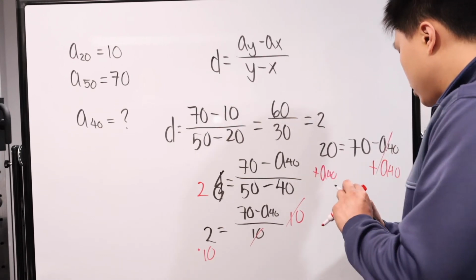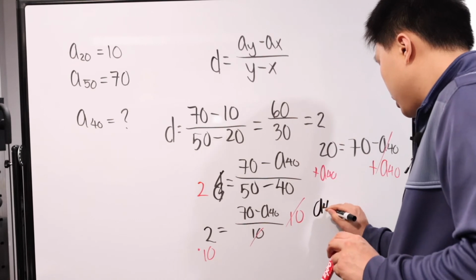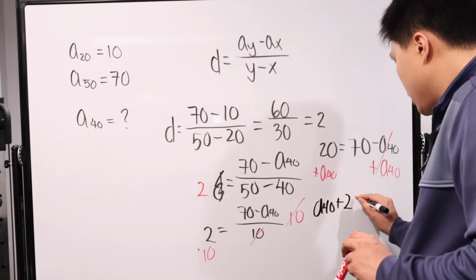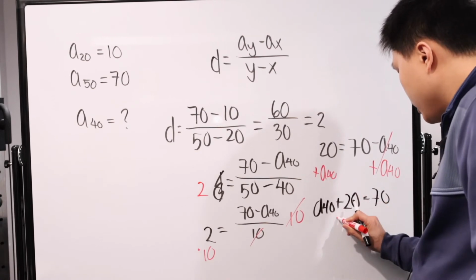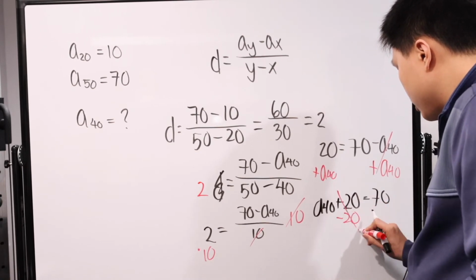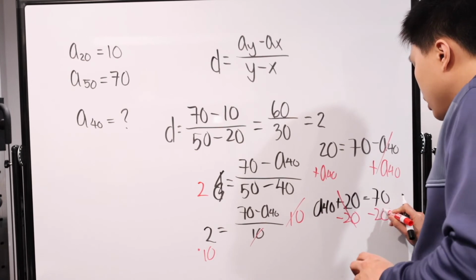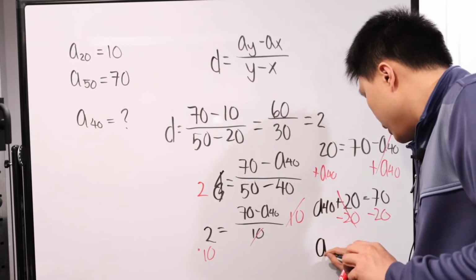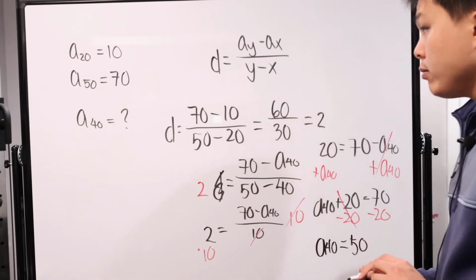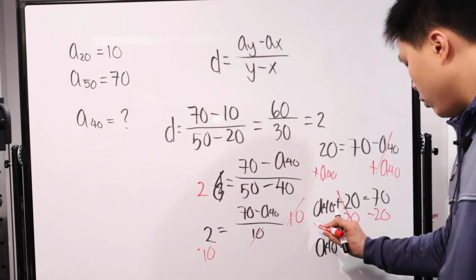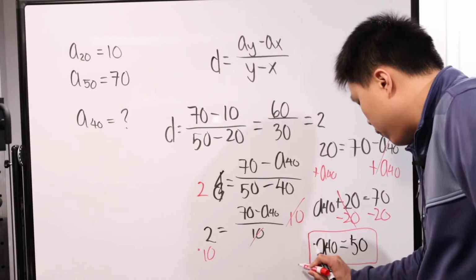This goes away, so now I have a sub 40 plus 20 equals 70. And then now I'm going to subtract 20 here. This goes away, subtract 20 here. Now I have a sub 40 equals 50. And just like that, we have our 40th term.